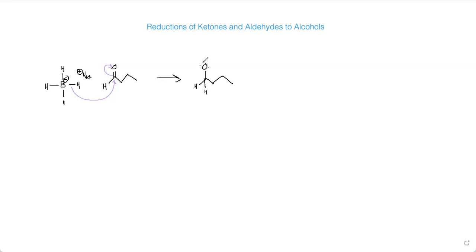And I hope you can see those lone pairs. I know they're a little bit faint. All right, so now our oxygen is negatively charged and we have this guy in solution.